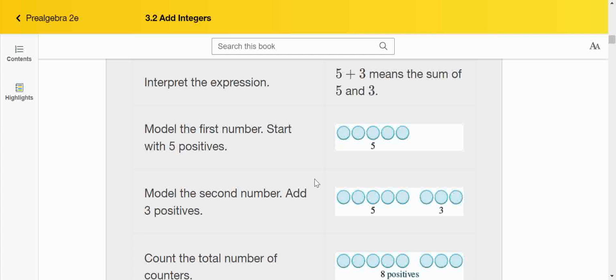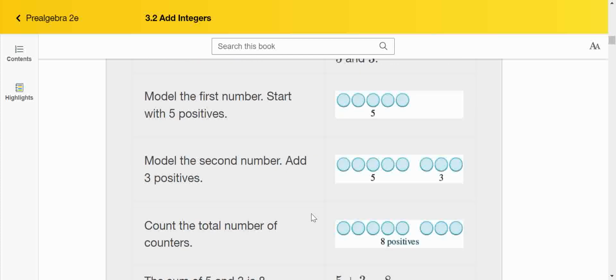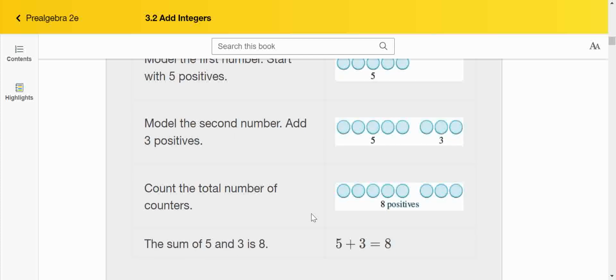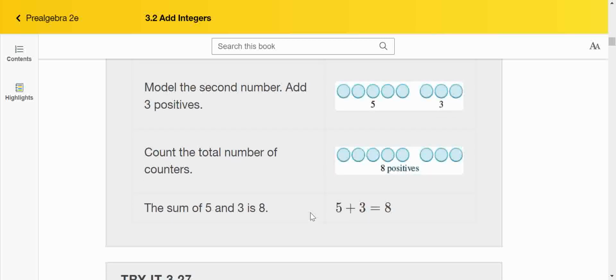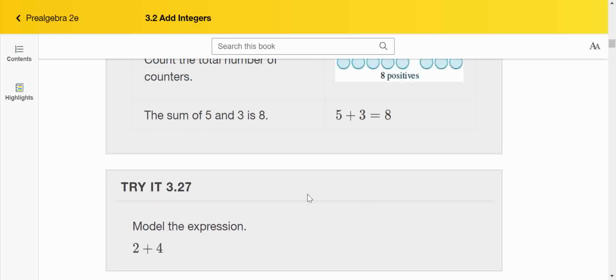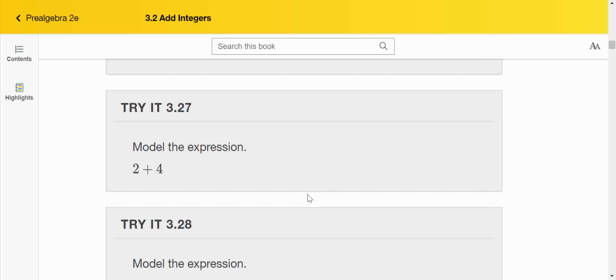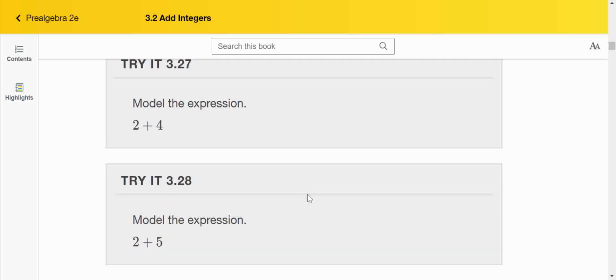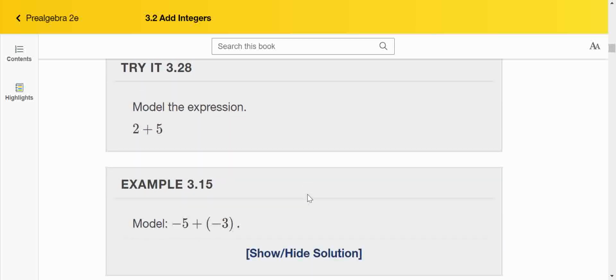Model the second number, and we add 3 positives. Then we count the total number of counters, and that's 8 positives. So the sum of 5 and 3 is 8. Okay, so we got a couple try it problems.